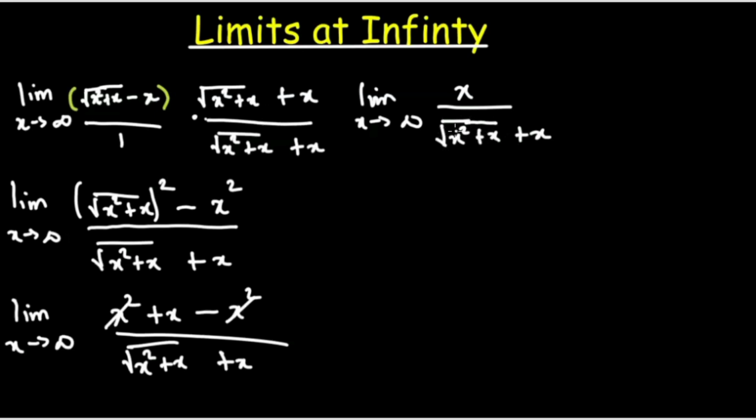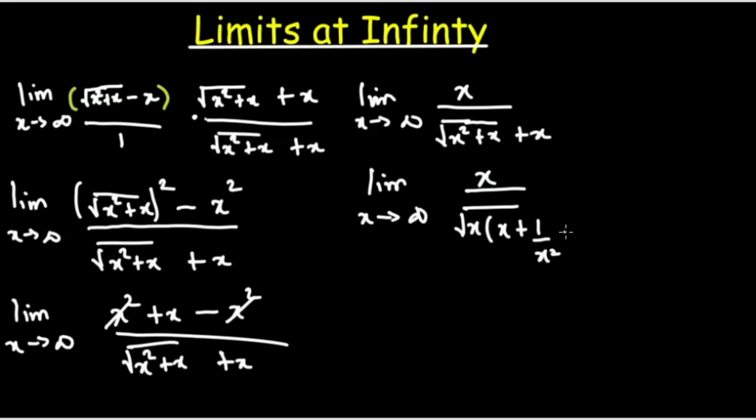So we can say this is equal to x over, let's bring out x, right? So let's say the square root of x into x plus 1 over x squared. Yes, so we are creating a fraction because we have infinity. So we are heading towards a point where we can easily substitute our infinity and get an answer.